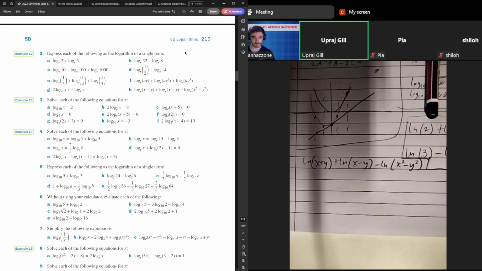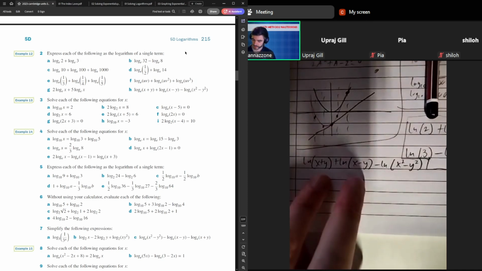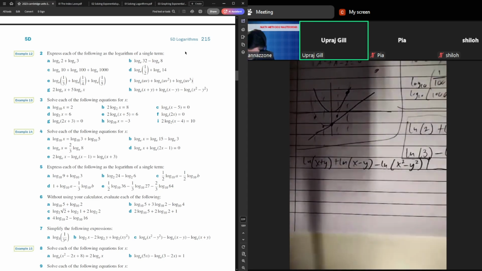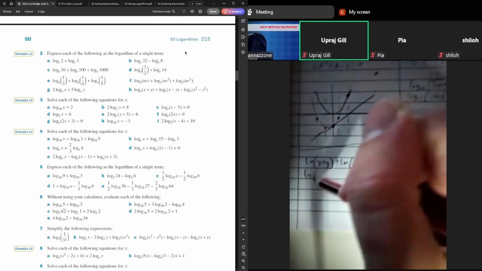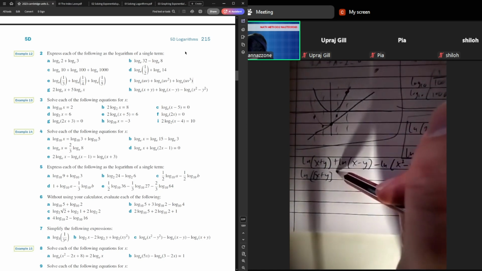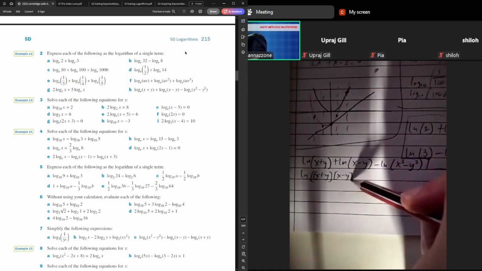Would we evaluate the natural log and then put the x squared minus y squared in the brackets after solving the quadratic expansion? Yeah, so you're saying to start with product law to multiply x plus y and x minus y? Yeah. Okay, so it's going to give us natural log of x plus y times x minus y as a product.